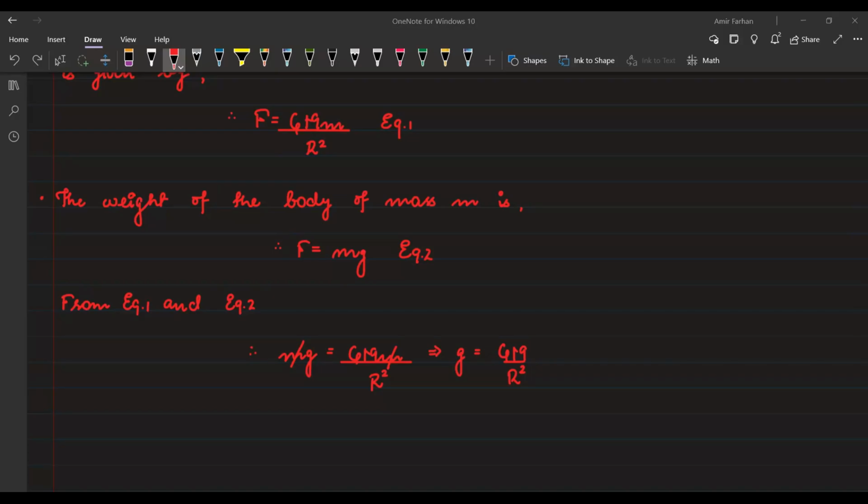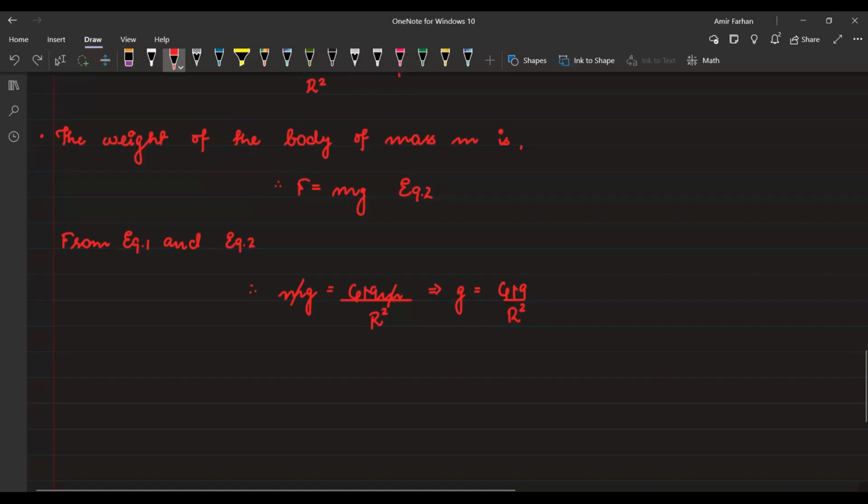And we have already discussed that the acceleration due to gravity is not constant all over, like it depends on the mass of the body, right?